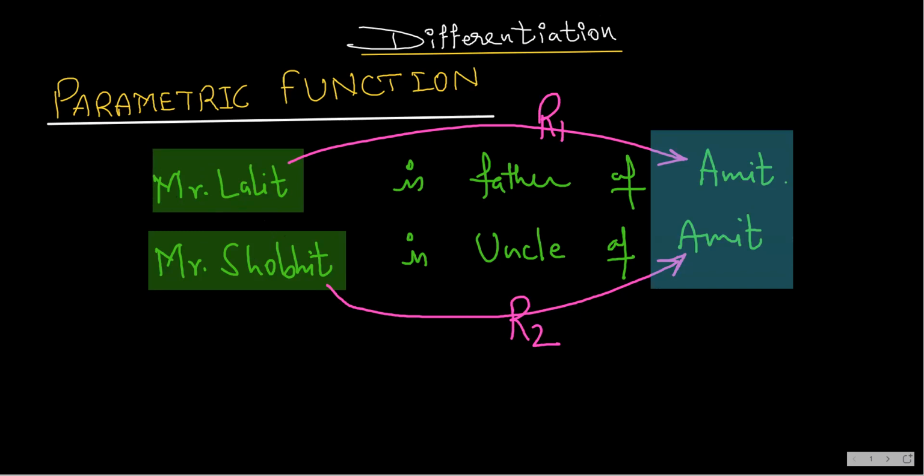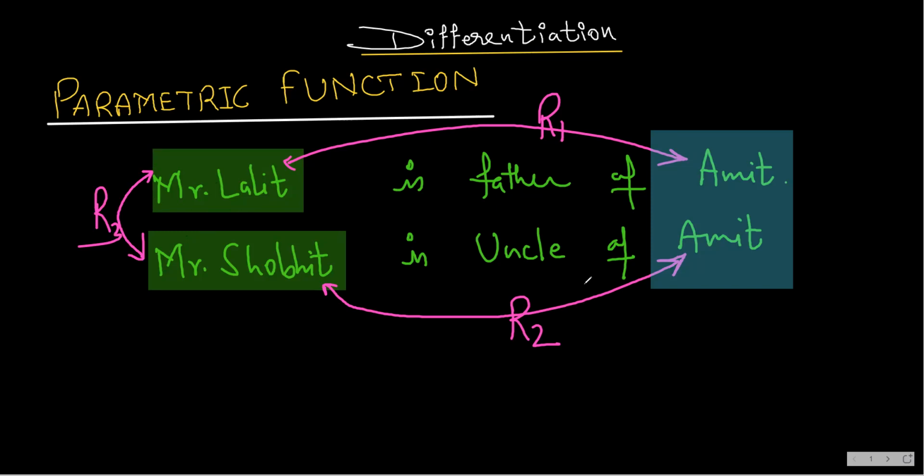So what I will now do is I understand that there is some relation between Mr. Lalit and Shobhit also, and that relation is R3. So this is the idea of a parameter. I have two relations, R1 and R2.